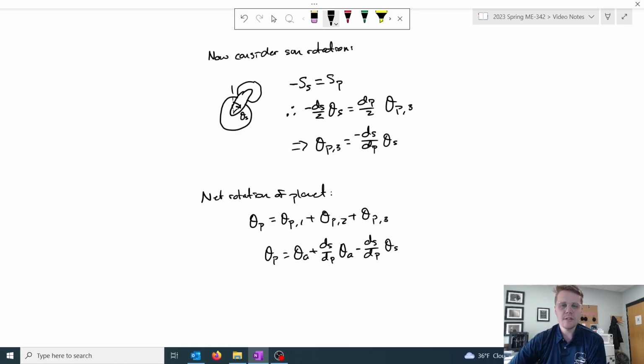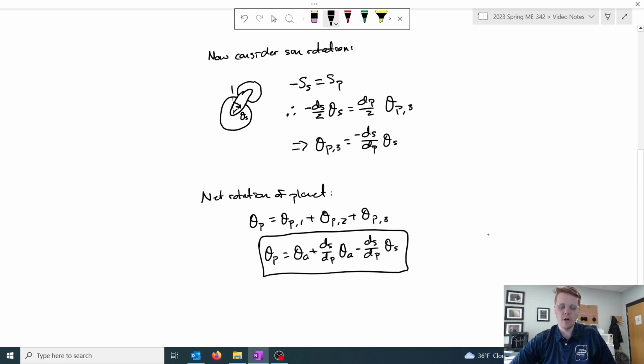So we get these three components that add up and allow us to relate the rotations of all of our gears.